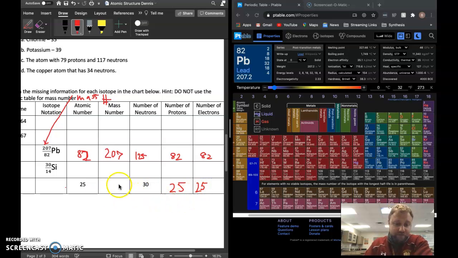Now my mass number, just as a reminder, is going to be equal to my protons plus my neutrons.